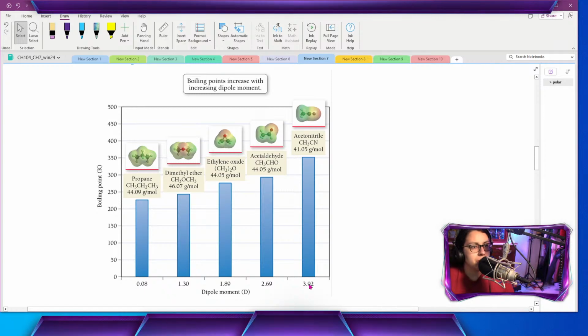And so dipole moment of almost 4. And again, we're just appreciating the increasing boiling point as our dipole moment increases. And again, with these series, their masses are all pretty similar, so all pretty close to 44. So again, we're looking at the influence of the dipole moment on their boiling points.